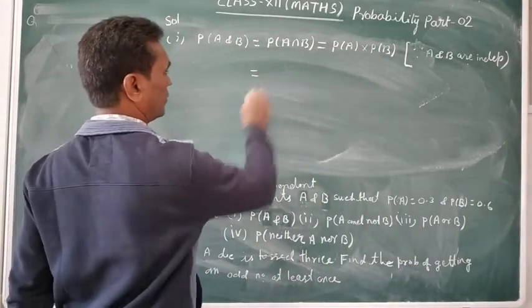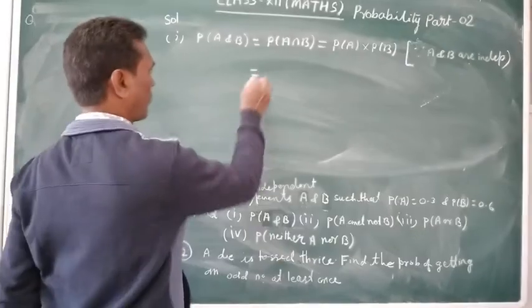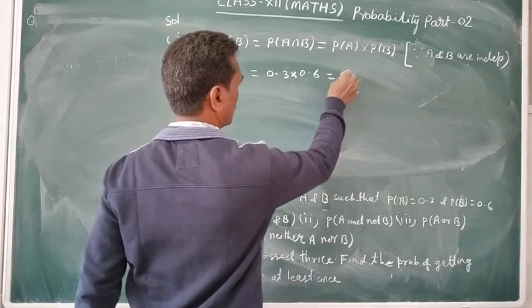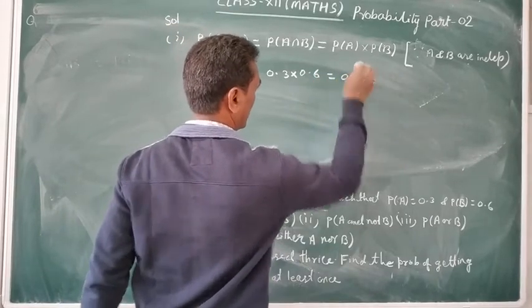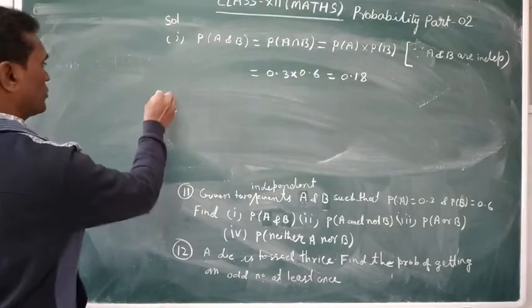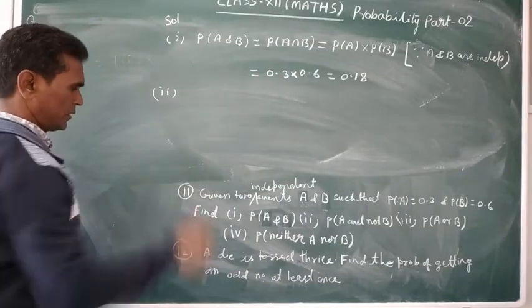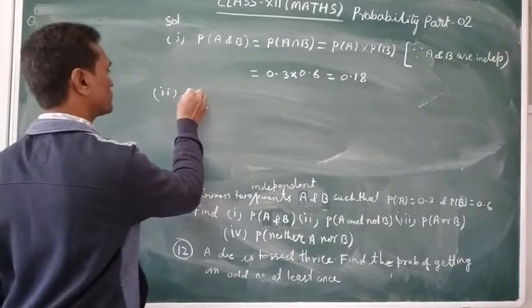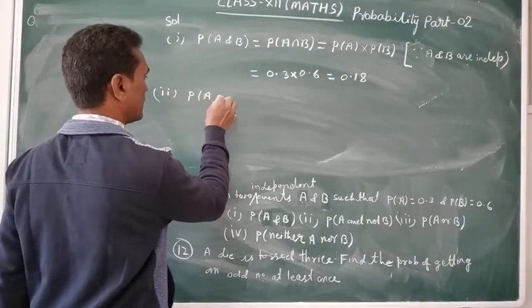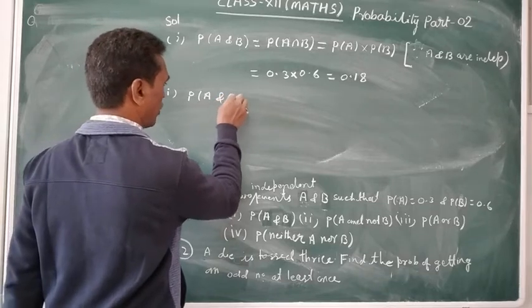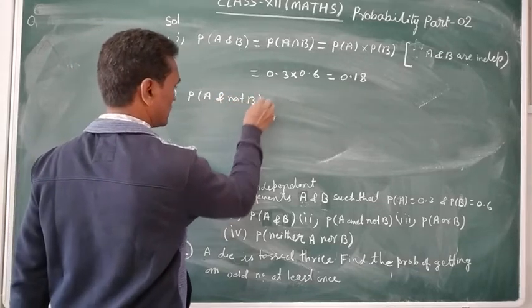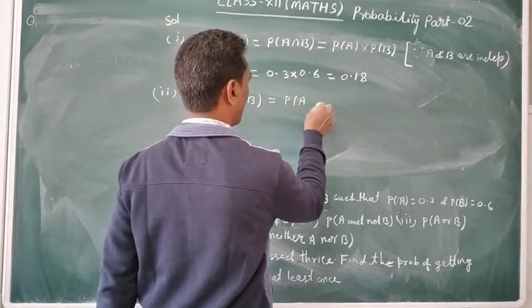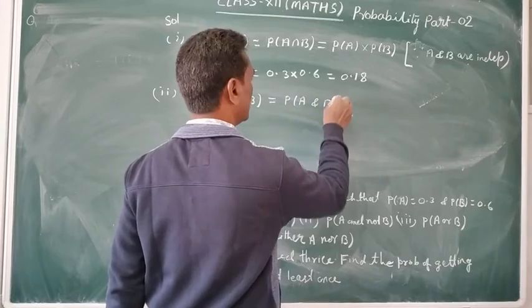So the values are given: 0.3 into 0.6 is equal to 0.18. Now part 2 of the same question: probability of A and not B. That means probability of A and B dash, not B, that means B dash.